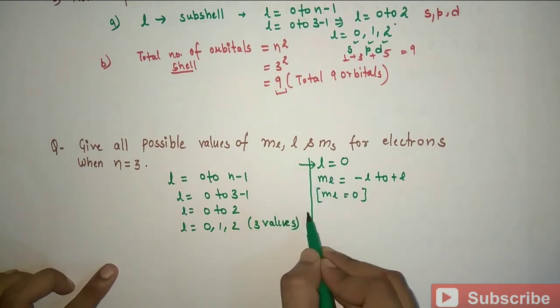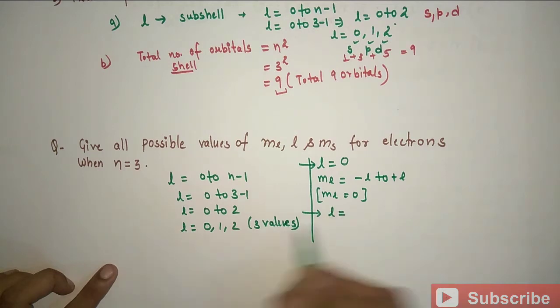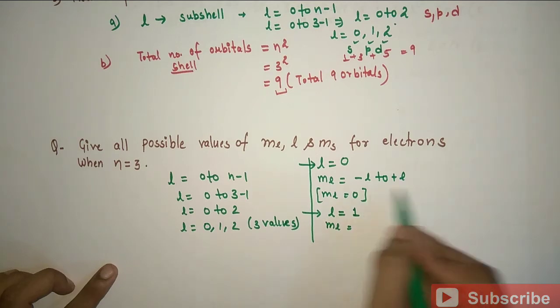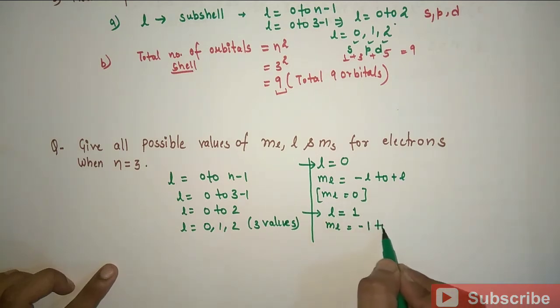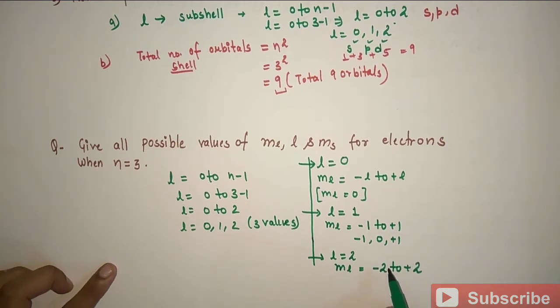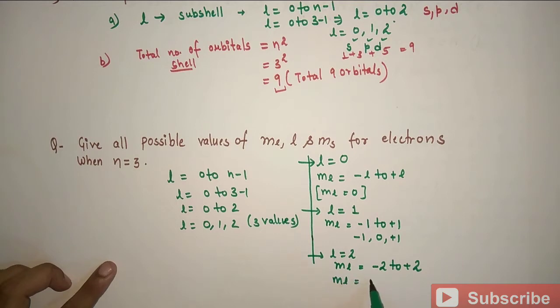Now when we take l as 1, ml is equal to minus l to plus l, that is minus 1, 0 and plus 1. Now if l is equal to 2, then ml comes out to be minus 2 to plus 2, that is minus 2, minus 1, 0, plus 1 and plus 2.